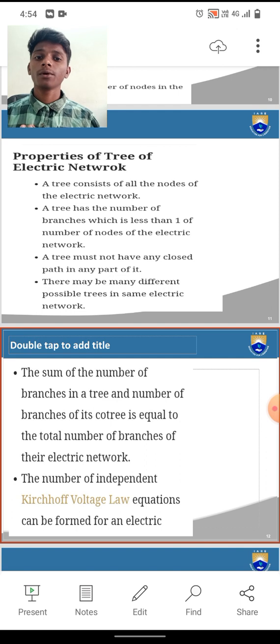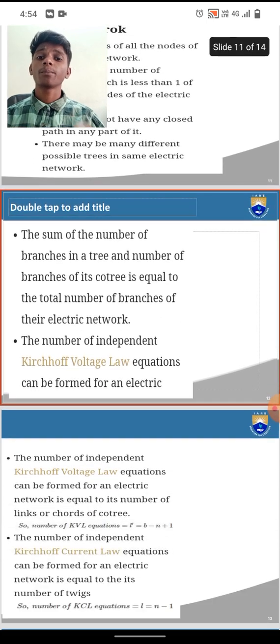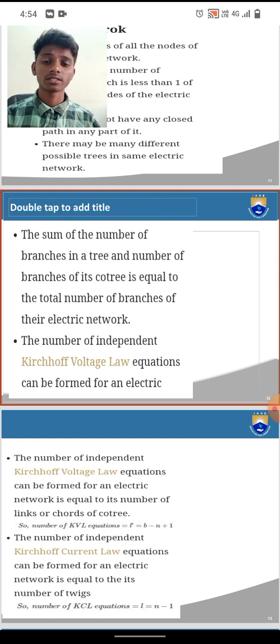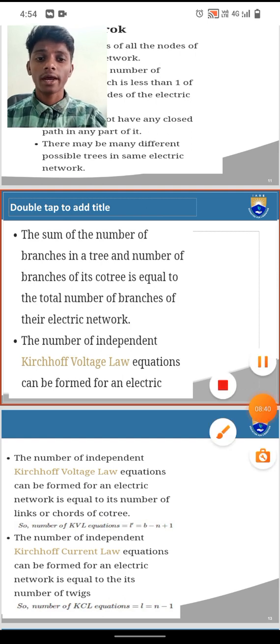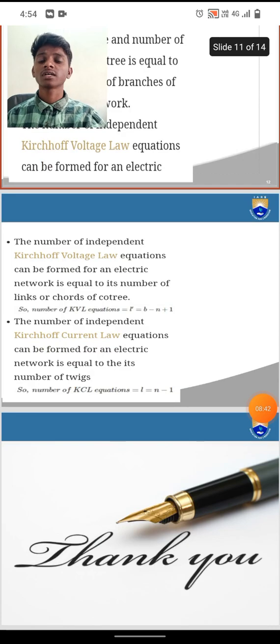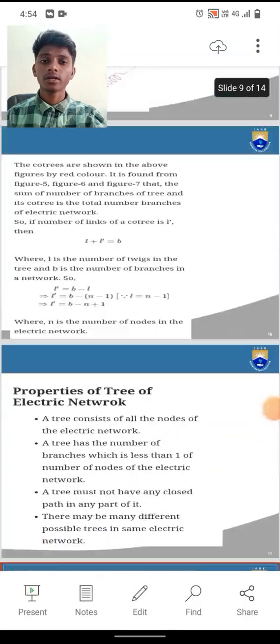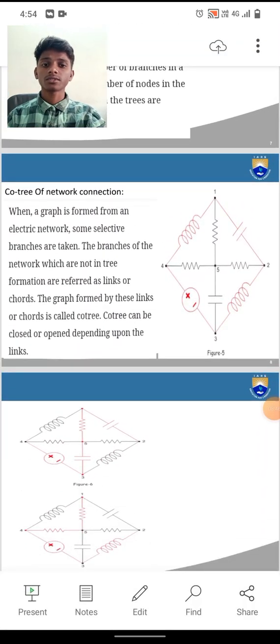There may be many different possibilities in the same electrical network, and the sum of the number of branches in the tree and co-tree is equal to the total number of branches in the network. And these are the equations, and you can see the diagrams.